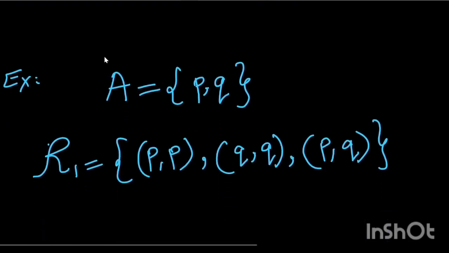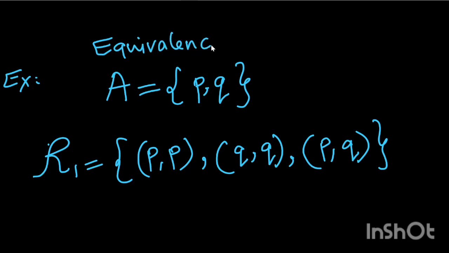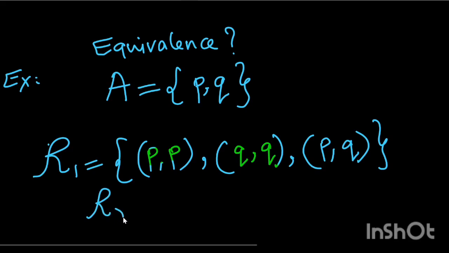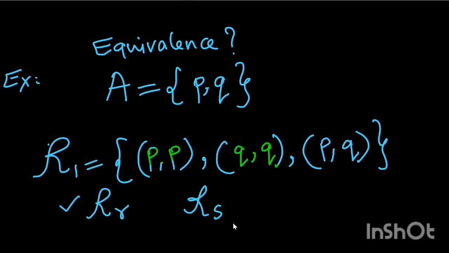Now in this example, is this an equivalence relation? That's the question here. As you can see here, PP and QQ are there, so the condition of the relation being reflexive is met. What about the symmetric relation?